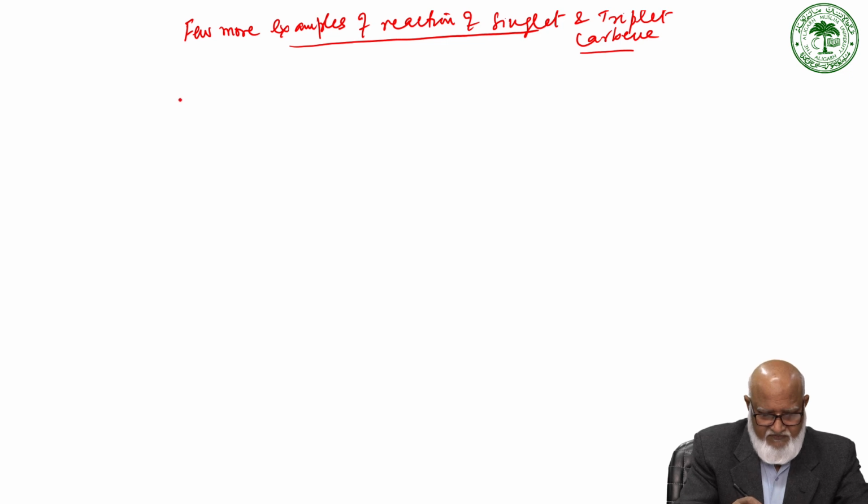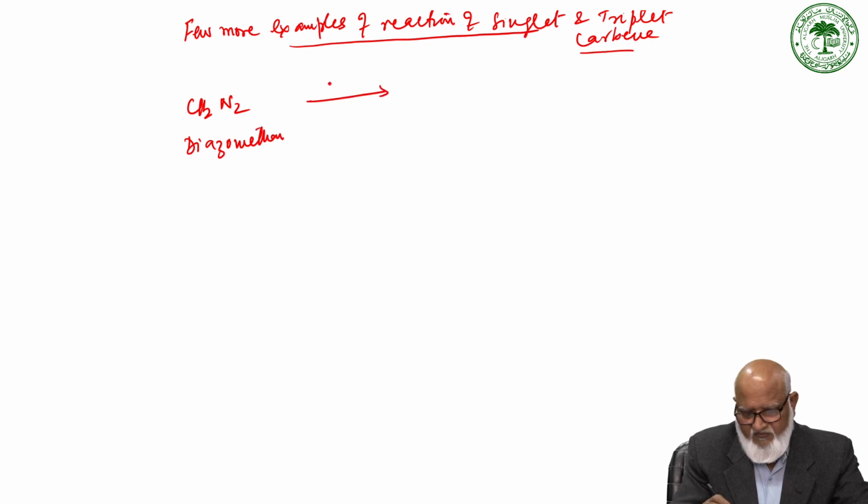So we have already seen that when we have CH2N2, diazomethane, on direct photolysis it generates singlet carbene.